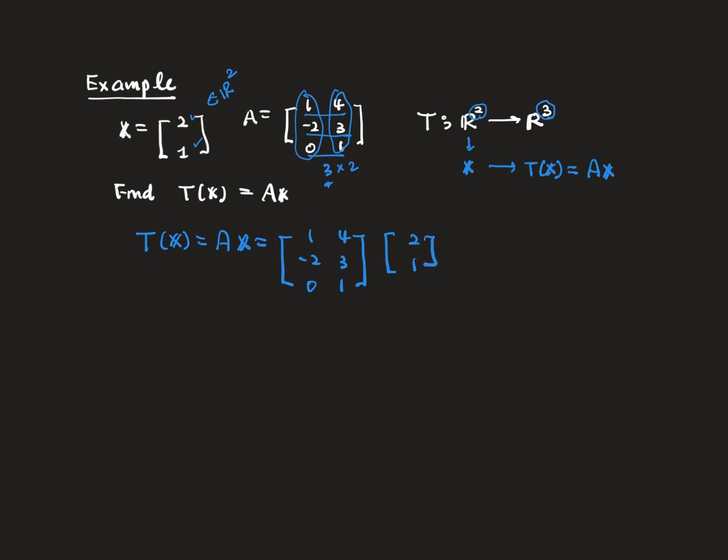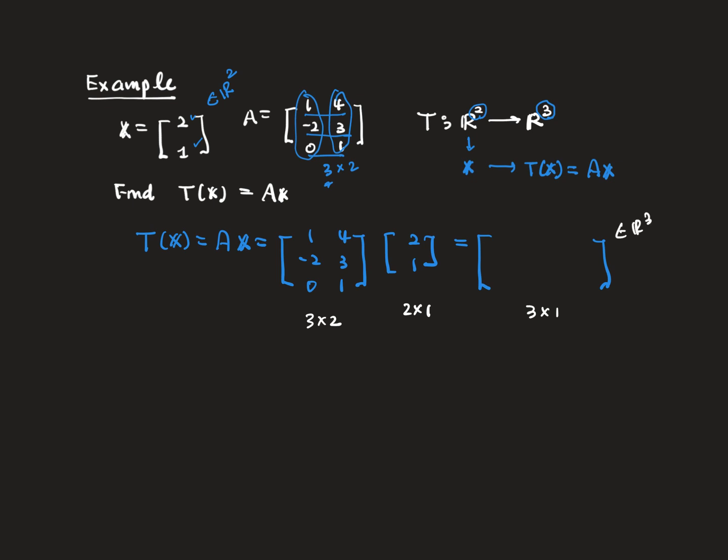We already talked about the product of a matrix and a vector, right? So this one is 3 times 2, and this side is 2 times 1. So the output of this transformation, the image of this transformation, is going to be what? 3 times 1. Guys, make sure, okay? That's why this one is R3, with 3 components.